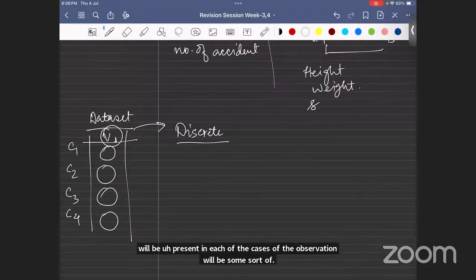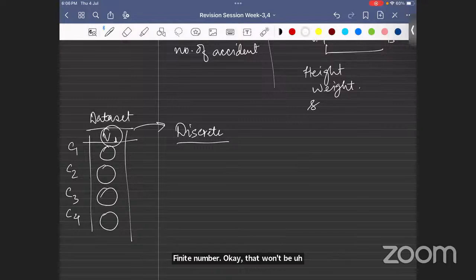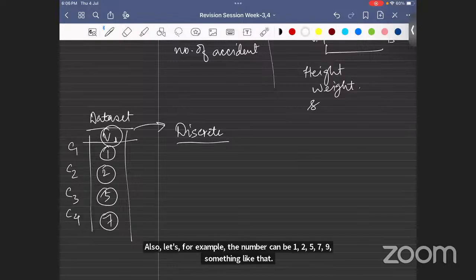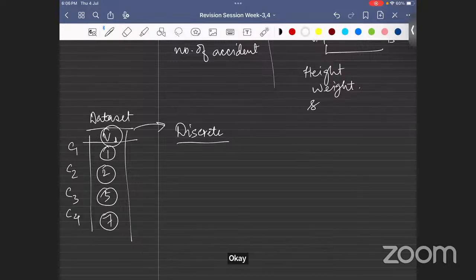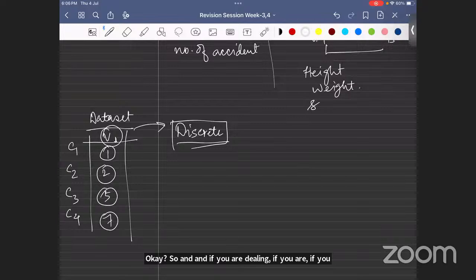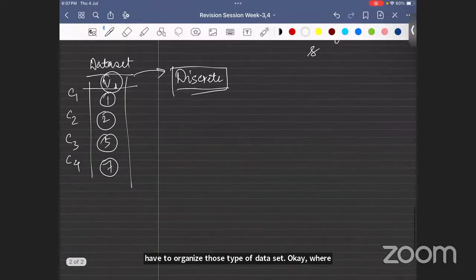I mean the number can be counted, for example on your hand. For example, the number can be 1, 2, 5, 7, 9, something like that. If you have to organize this type of data set, where the number of values is finite, you can just put it in the form of a simple chart.